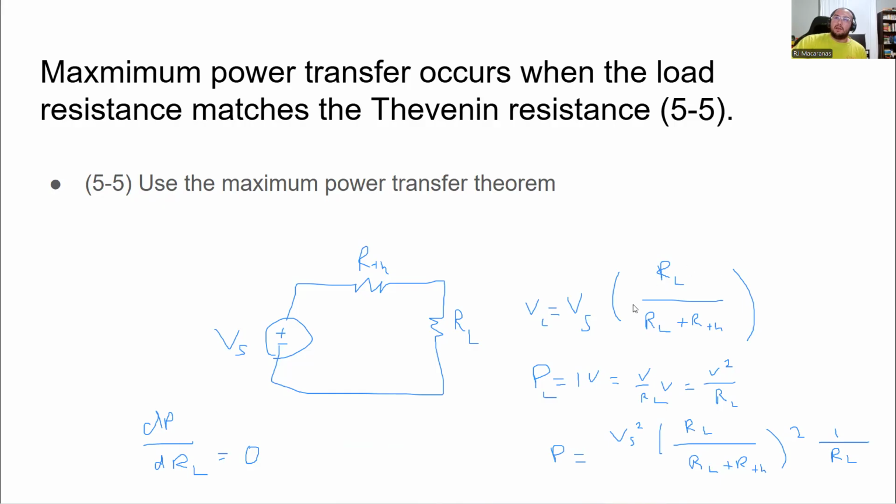This is a strictly increasing function, so it'll be concave up like that, so that'll be a maximum. You take this derivative, set it equal to 0, and you can find that RL will be equal to RTH.